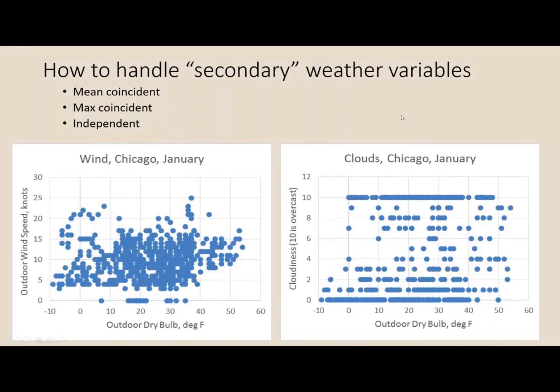And I mentioned that there's the primary variable, which is usually the outdoor dry bulb, and then there are secondary weather variables like wind speed, clouds, and humidity. I think the ASHRAE standard approach is to use a mean coincident value for those secondary variables. But I think it's worth considering how you get that mean and whether the mean is really representative of an extreme situation, because that's going to drive the design of the building.